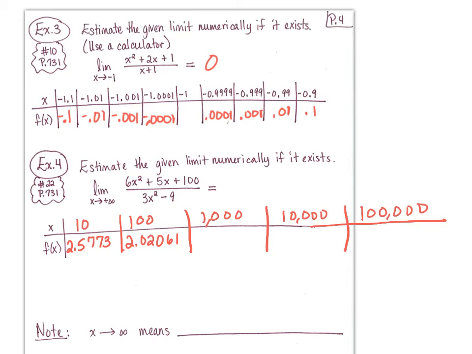When x is 1,000? 2.0017. Good. When x is 10,000, what do you get? 2.000167. Okay, good.